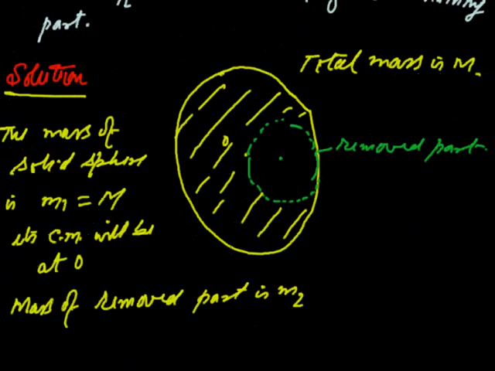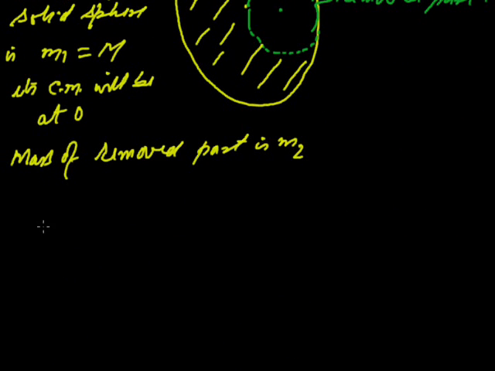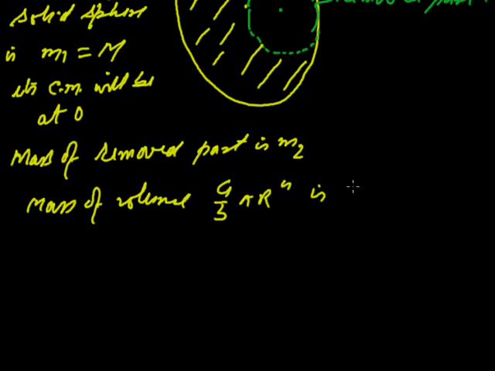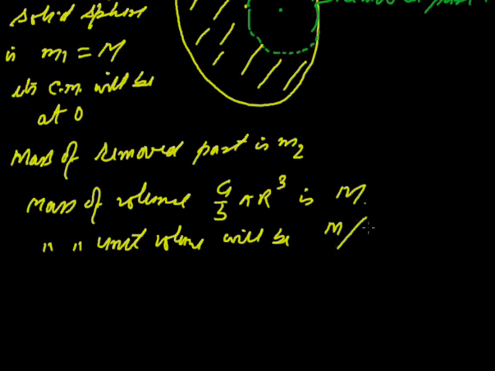The total sphere has mass M. The mass of volume 4/3 pi R cubed is capital M, so the mass of unit volume will be M upon 4/3 pi R cubed.